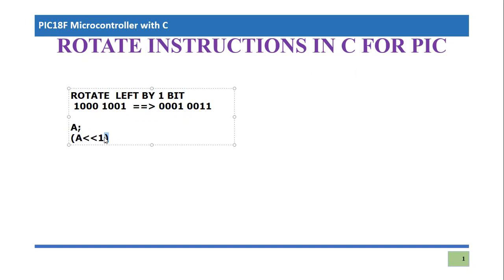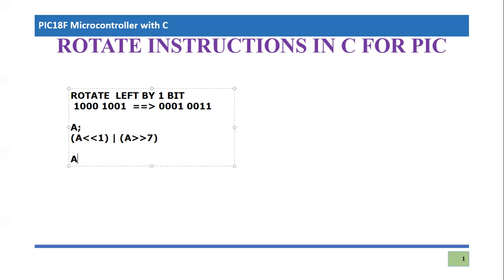Then we OR this output with A shifted right by 7 bits, the remaining number of bits, because we want to rotate by 1 unit. So 1 unit we shift towards the left, and 7 units, the remaining number of bits in 8 bits, we shift towards the right. The OR operation of both of these numbers would result in this same output. Let me test it for you.